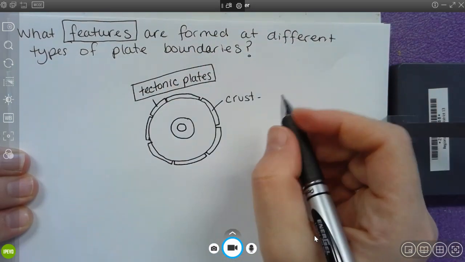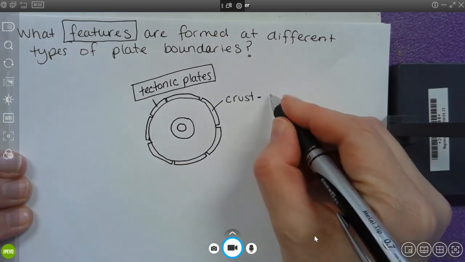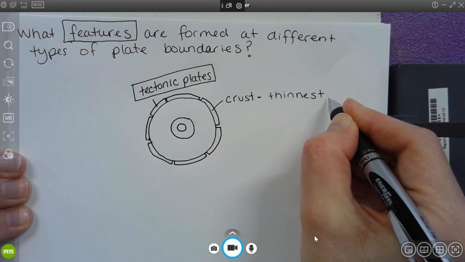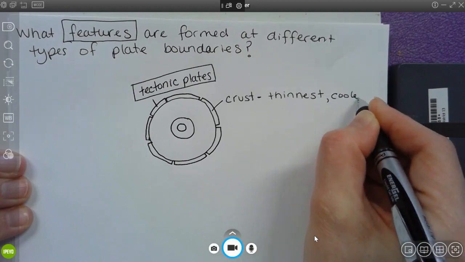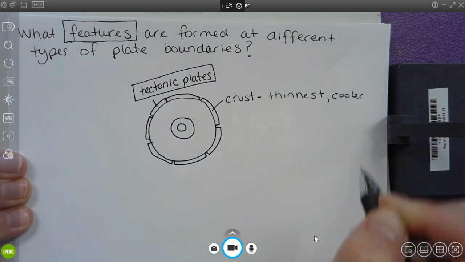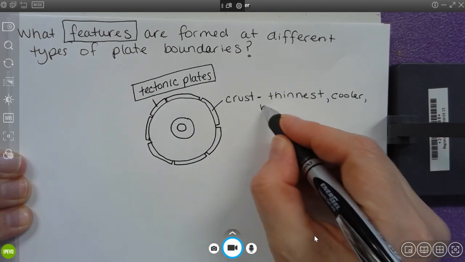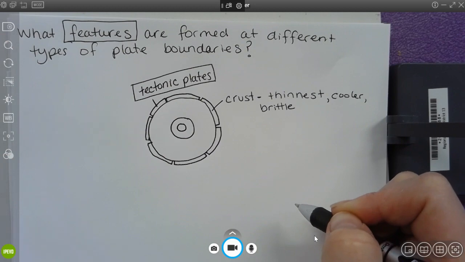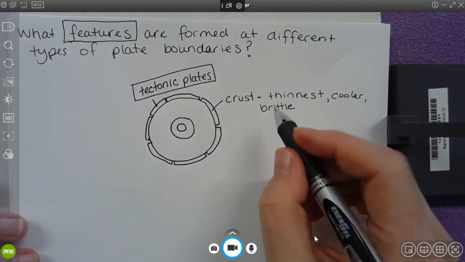Now the crust, we know that this is the thinnest layer. It's also cooler than all the rest, and it is brittle. Brittle meaning it breaks easily, kind of like our cookie did. So we have our crust.